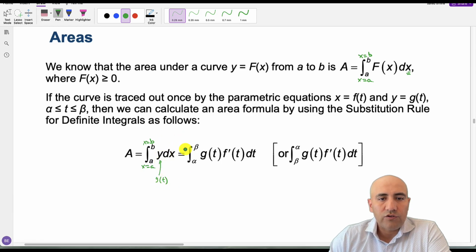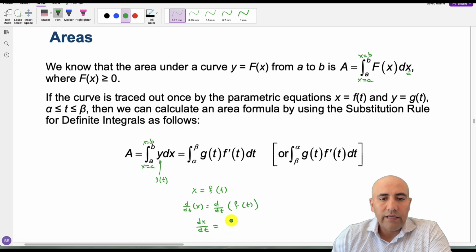And to do a substitution and get the dx, we're going to work with this guy. So we have that x equals f of t. So taking a derivative with respect to t, since this is a function in t, on both sides gives me d/dt of f of t. On the left-hand side, I'm just going to rewrite this as dx/dt.